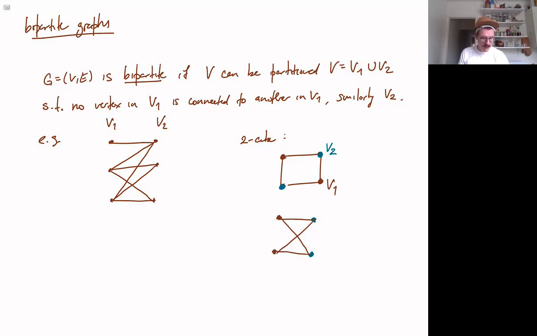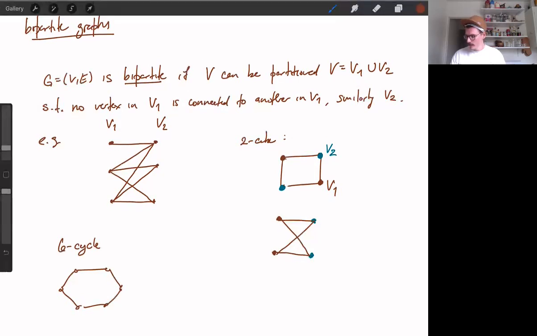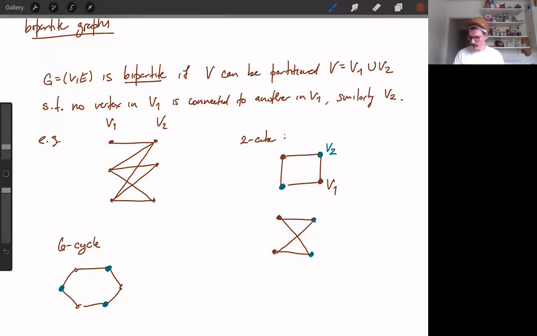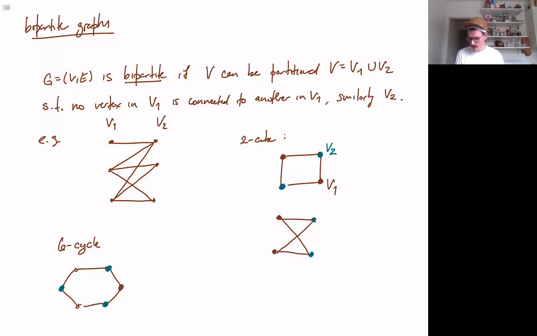And just to do one more example, the 6th cycle, this is also a bipartite graph, although again, it may not be obvious from the start. But this one, again, we can do similarly to the 2 cube or the 4 cycle, because we can just go around the cycle coloring alternate vertices blue and alternate vertices red.